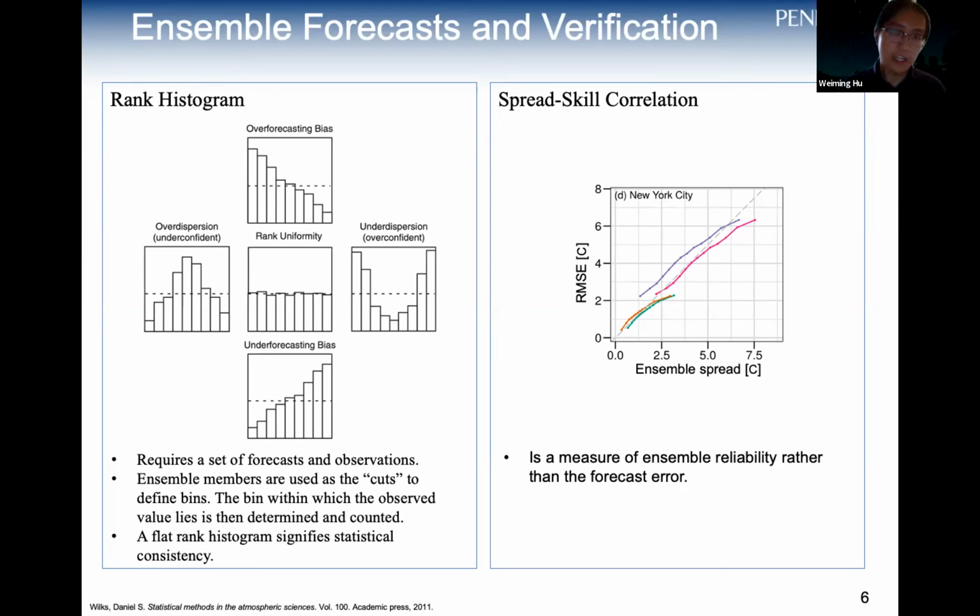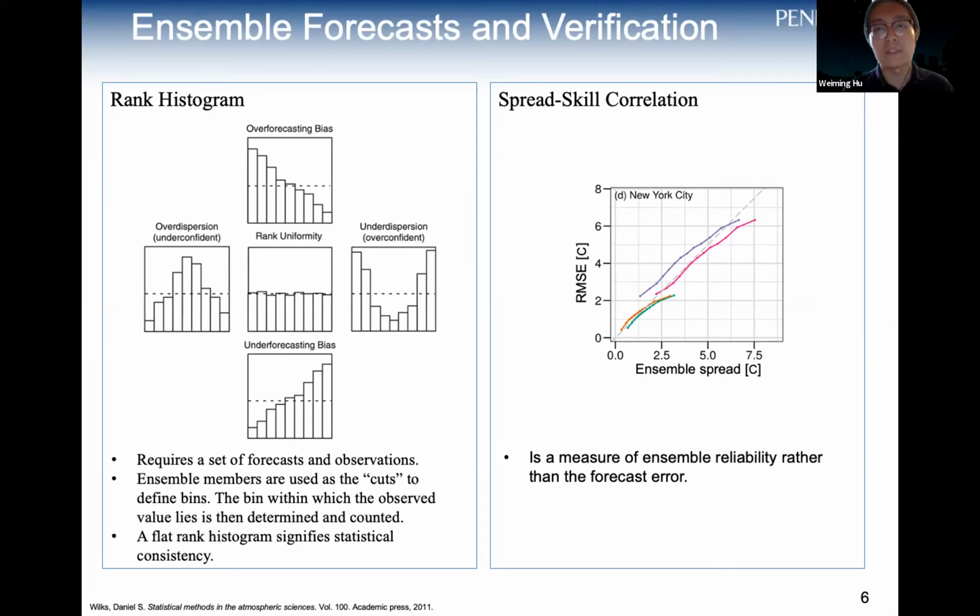The second verification we're going to talk about today is spread-skill correlation. Spread here refers to the ensemble spread, which is basically the maximum of the members minus the minimum, also called the range. Skill is the forecast skill, and it can be any measure of choice. Usually you can choose CRPS or RMSE. Here I'm showing you a figure comparing spread-skill correlation for 4 methods.